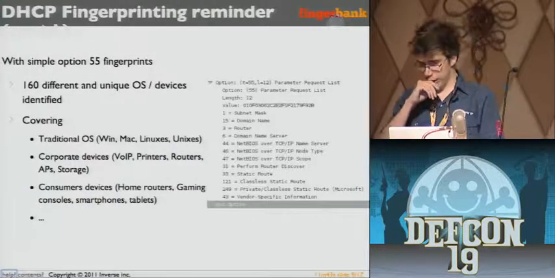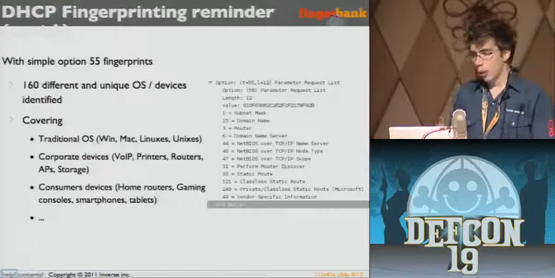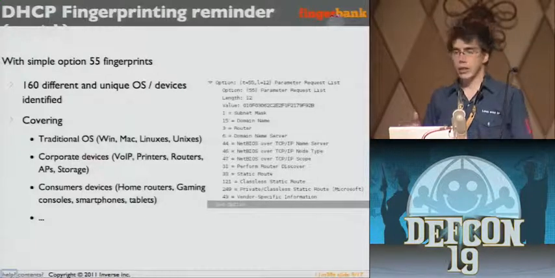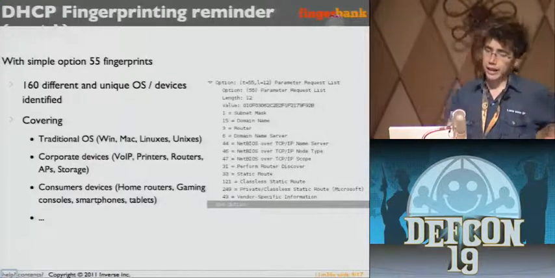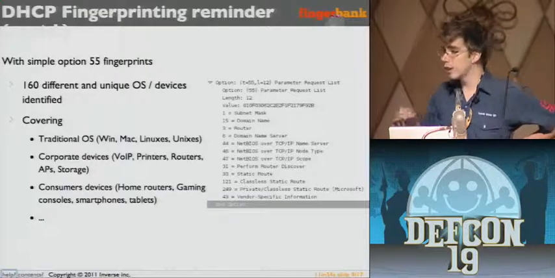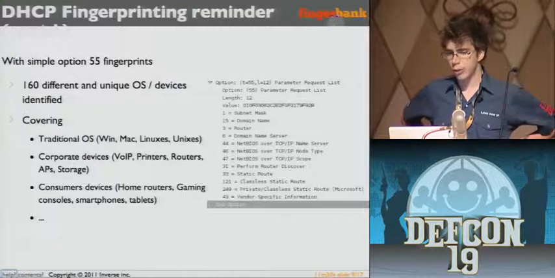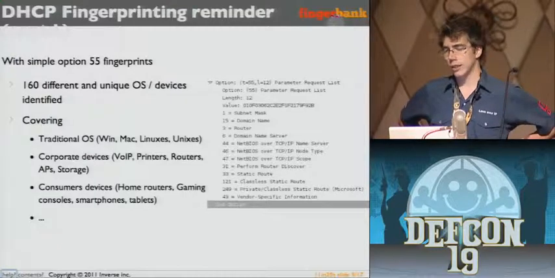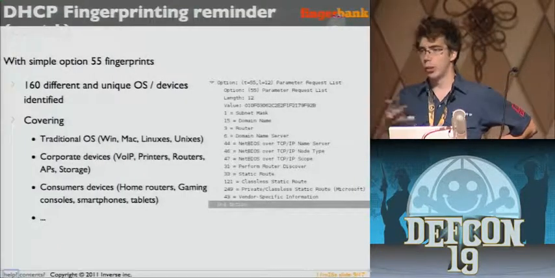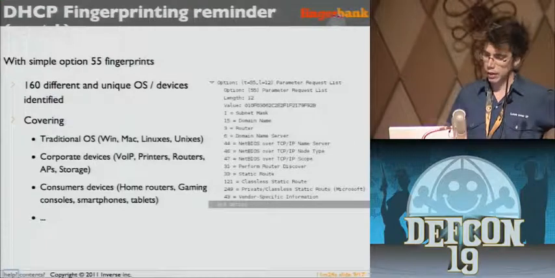So here are the option 55 lists. We only focused on these. With this option 55 only, so no other parameters, we have a database of 160 different OSs and devices, and it's all kind of blurry together nowadays, OS, device and stuff like that.